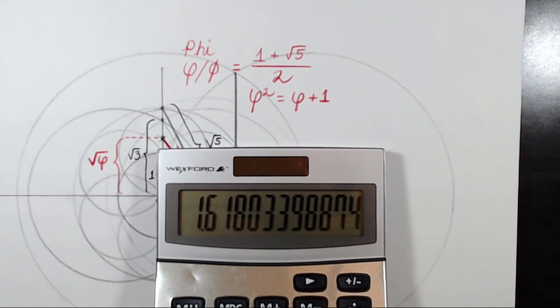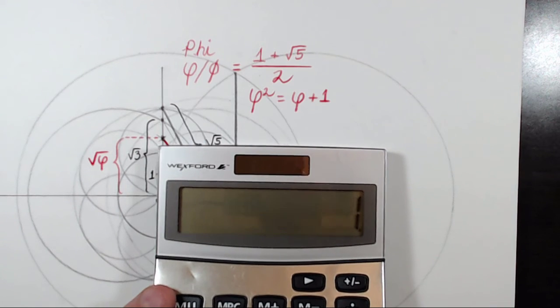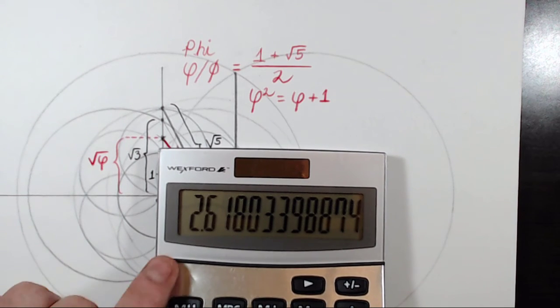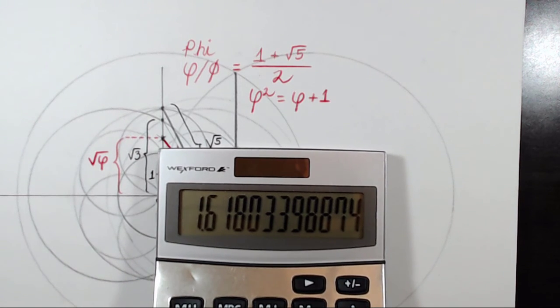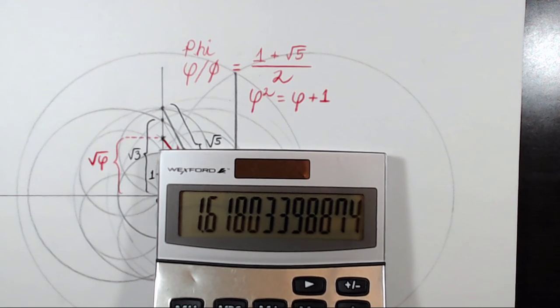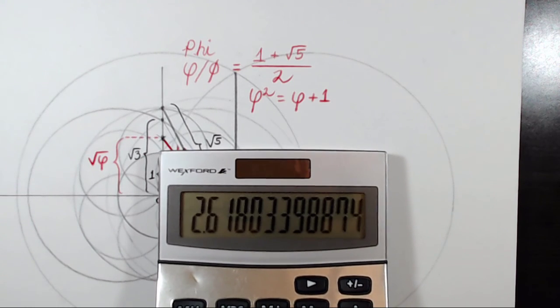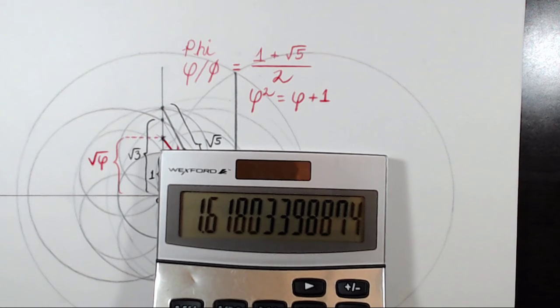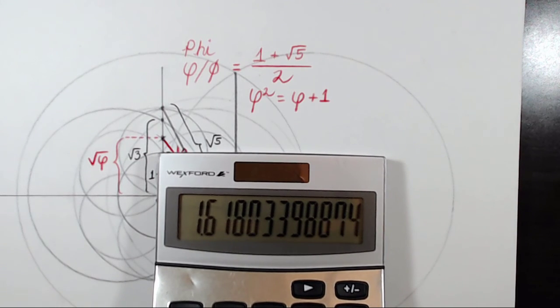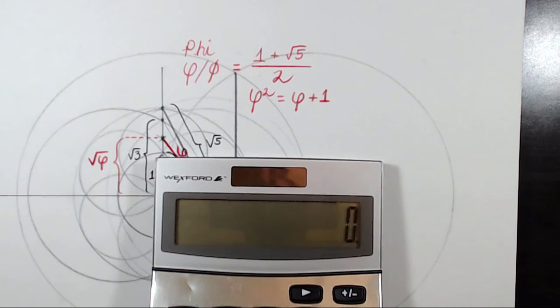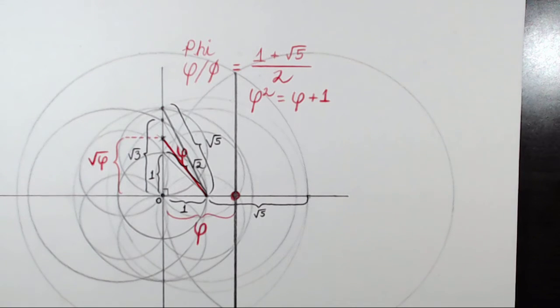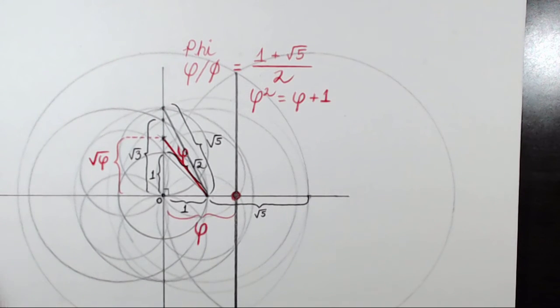Okay? There it is. Plus 1 equals 2.618. Hit the square root button. We're back to our number. It never changes. I add 1 again, and then hit square root, add 1, hit square root. It's the same number over and over again. So it has that very special relationship, and we're going to use that relationship here when we do our Pythagorean formula.